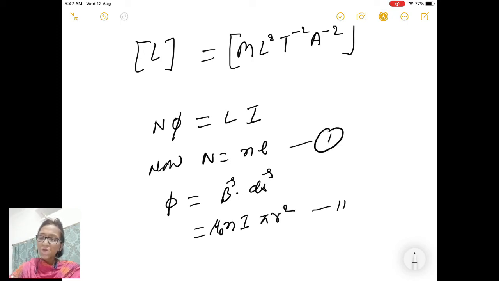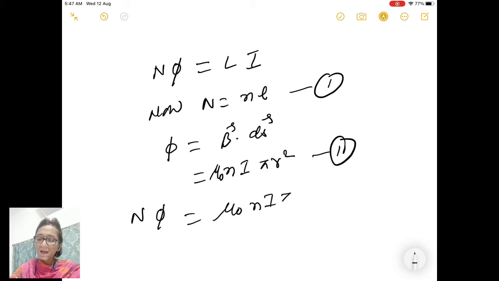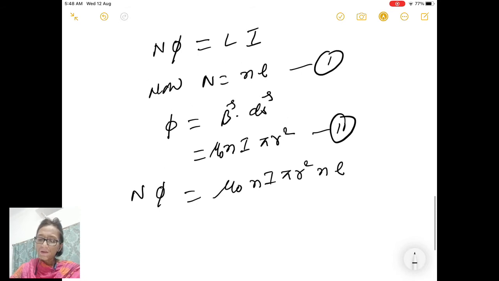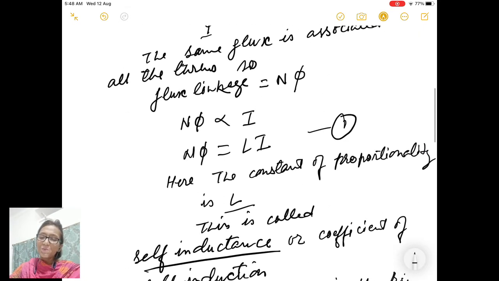So from 1 and 2, you can write the flux linkage Nφ is equal to μ₀nI πr² times N, that is nl. So let us put all these values in equation 1.